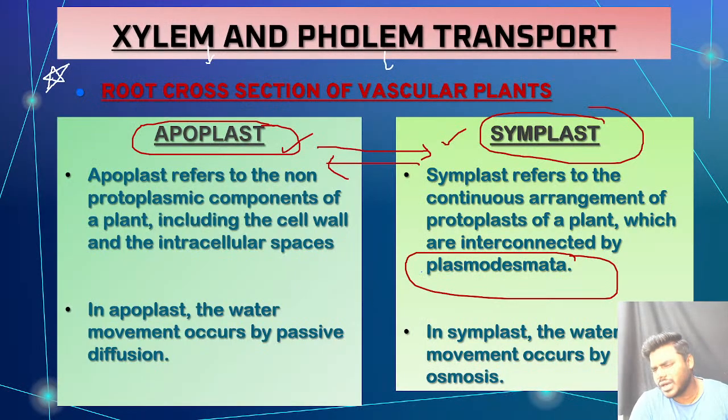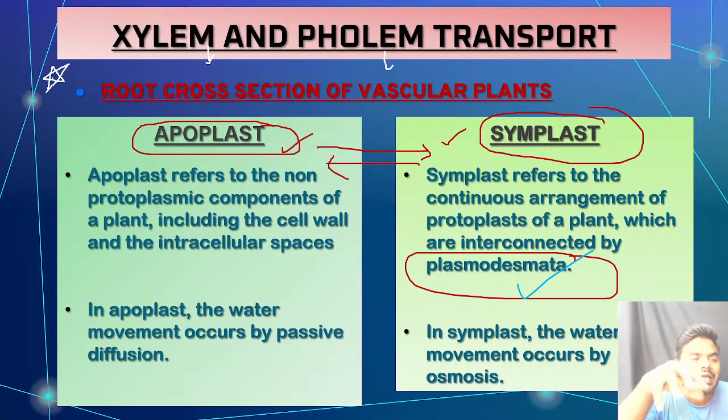Commonly remember: symplastic, plasmodesmata, and symplastic means through the cell, inside the cell. For the apoplastic pathway, friends, whatever ion or molecule is transported by using the apoplastic pathway never ever enters inside the cell.